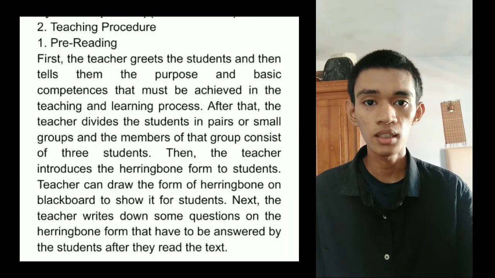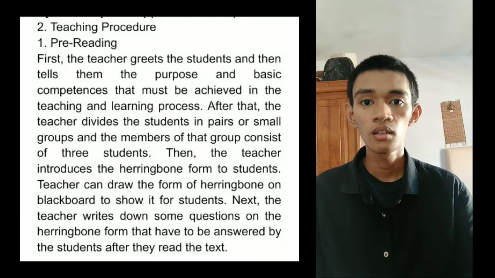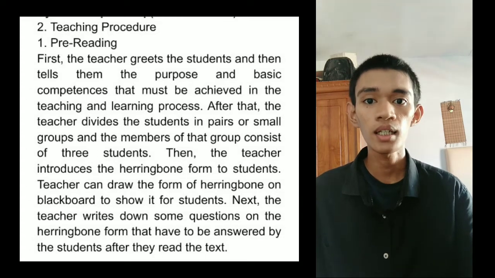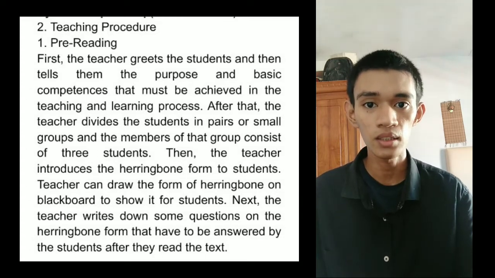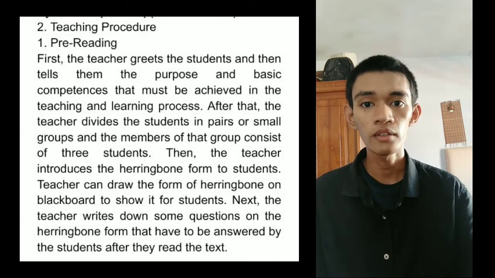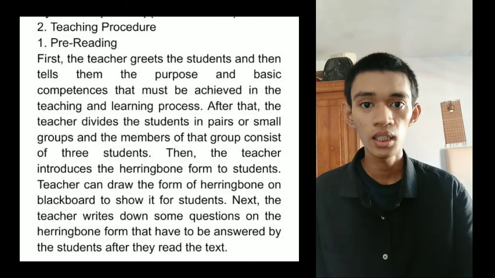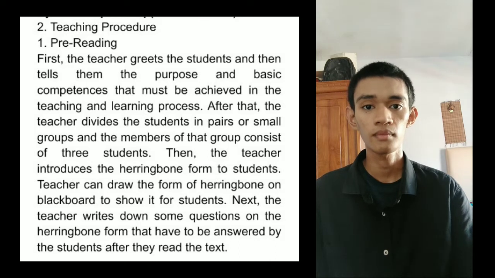The next part is the teaching procedure. In the pre-reading, first the teacher greets the students and then tells them the purpose and basic competence that must be achieved in the teaching and learning process. After that, the teacher divides the students in pairs or small groups, and the members of the group consist of 3 students.